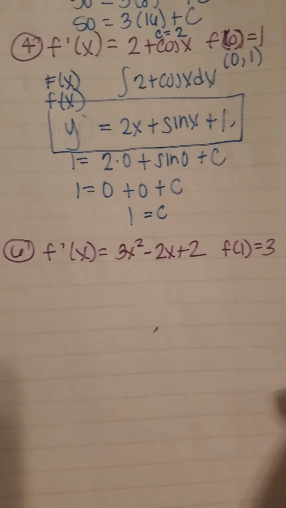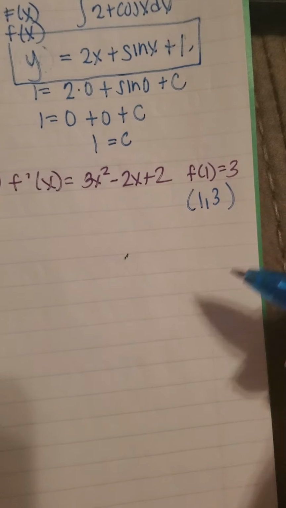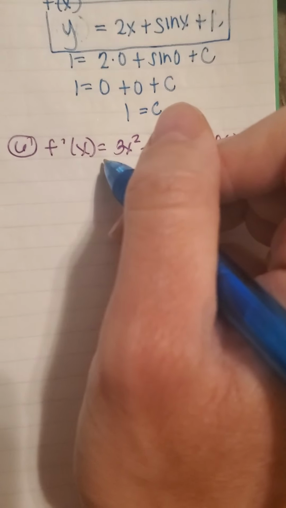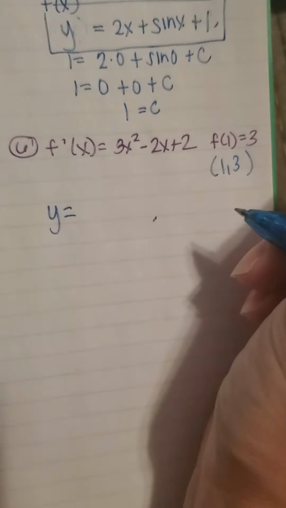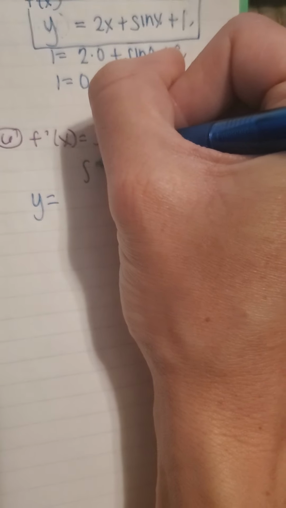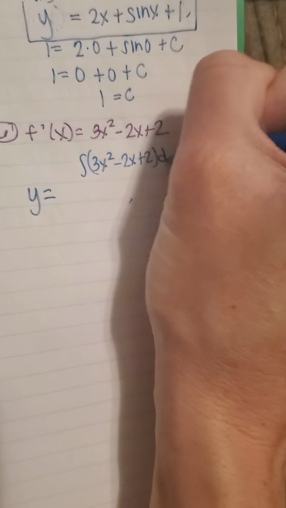On the next one, again, if you want to go and change these first, so that you're not looking at function notation, that's fine. Again, when I go and integrate, which is what I'm doing here, I'm becoming y equals. This is going to say use that power rule. Again, I would have seen this last week.